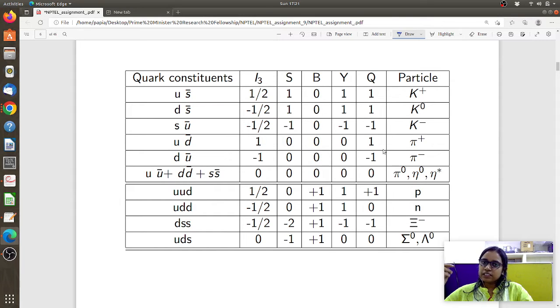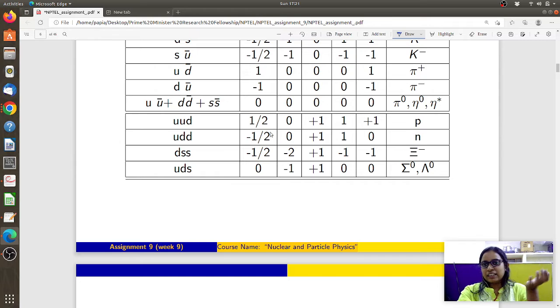So here I was mentioning K plus, K0, K minus, pi plus, pi 0, pi minus, eta 0, eta star, P, N, cascade minus, sigma 0 and lambda 0, along with their quark constituents, I3 numbers, strangeness number, baryon number, hypercharge and charge. I thought it would be very important for the question and answer session on the quark model as well as nuclear and particle physics questions.